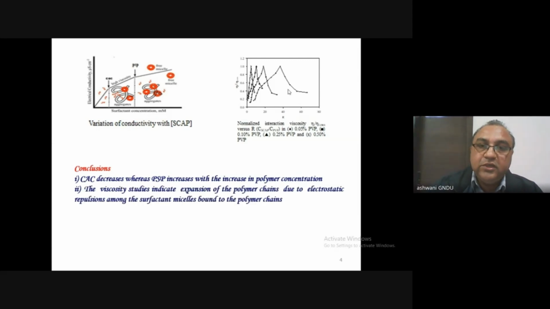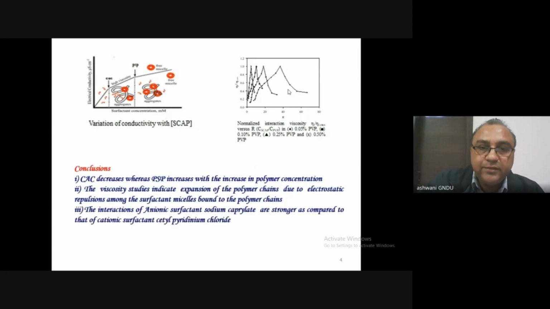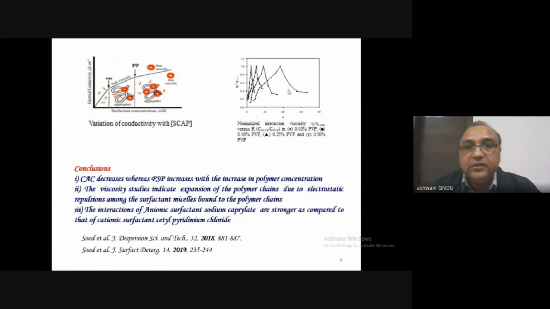The viscosity shows that the polymer chain expands due to electrostatic repulsion between the surfactant micelles and the polymer chains. The interaction of the anionic surfactant, sodium caprylate, is greater than that of the cationic surfactant, cetylpyridinium chloride. These findings have been published in the following journals.